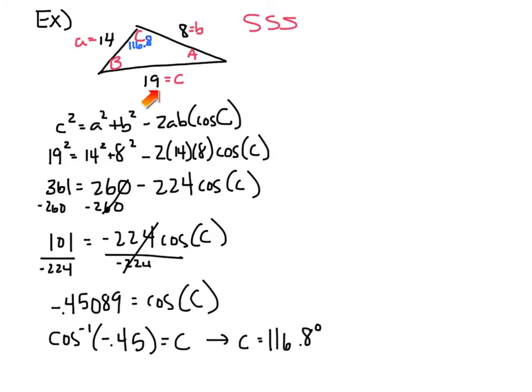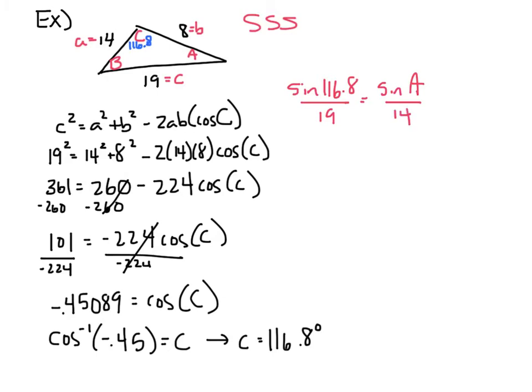Okay, so if this is 116.8 degrees, now I have a side and its opposite angle, so I can use the law of sines for the rest of it. I can set up two more problems. I can say the sine of 116.8 over 19 is equal to the sine of angle A over 14.